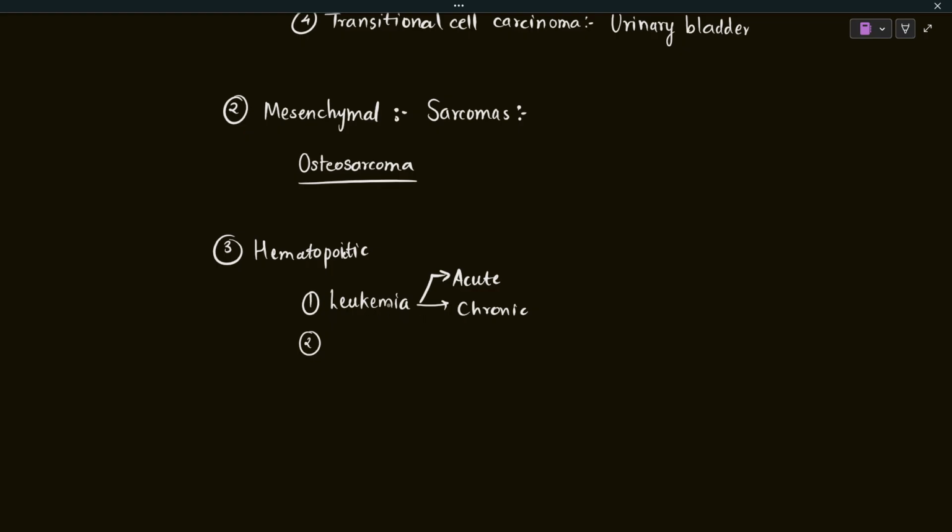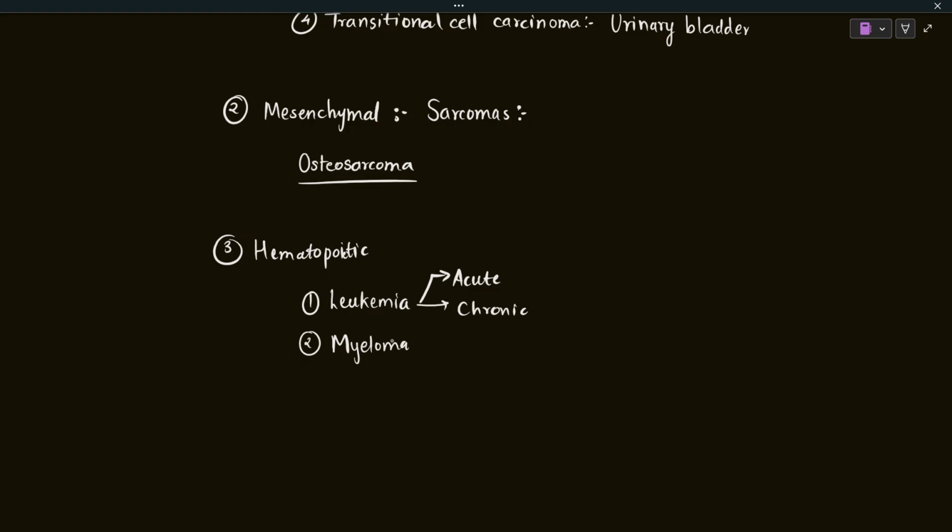Then there are the plasma cells, the specialized B cells. If they undergo this transition, we call that myeloma. So the cancer which begins in plasma cells, the activated or differentiated B cells, we call the myeloma.